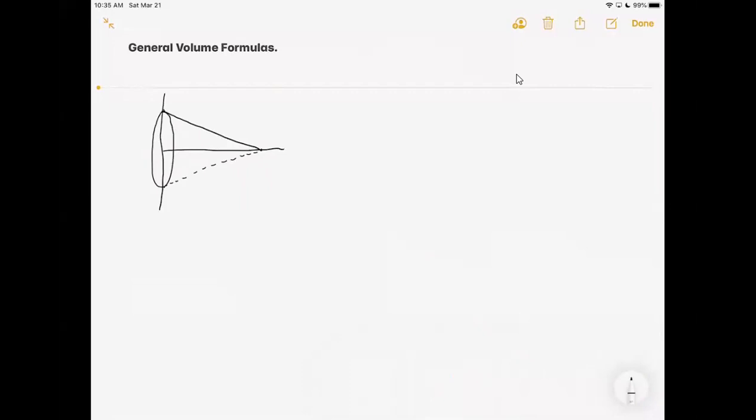Now I could specifically find a cone that had a vertex here. Let's say this is at 4, 0, and this point right up here is at the point 0, 2, and that's going to be the origin down there. If I rotate that specified triangle, I would be able to find the volume of that specific cone.